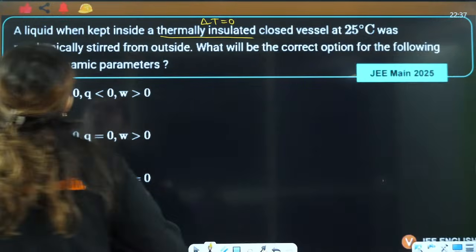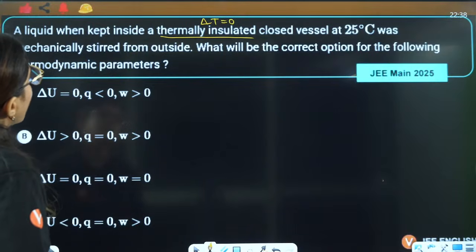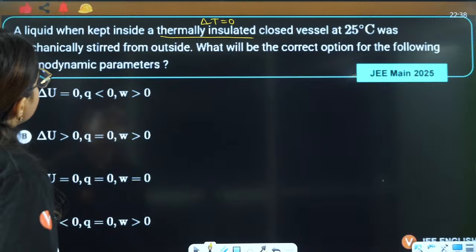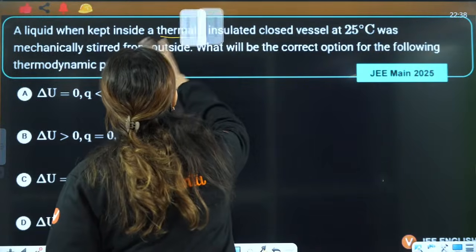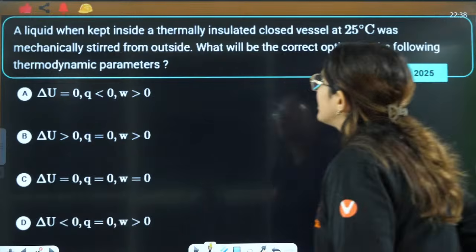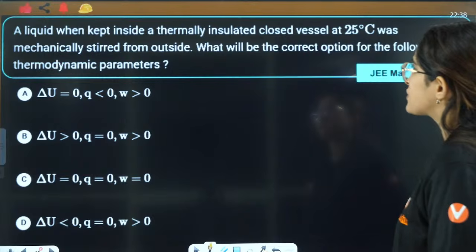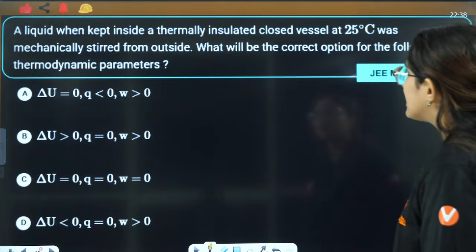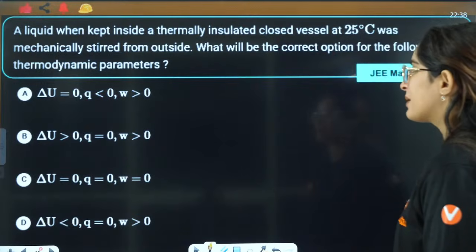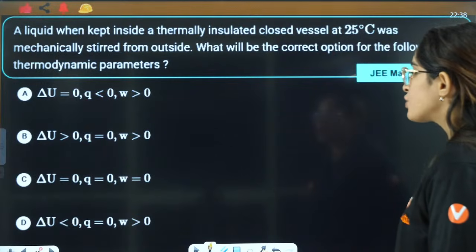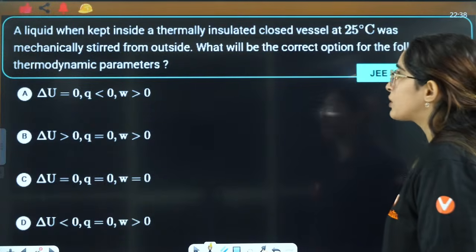Wait a minute. A liquid kept inside a thermally insulated closed vessel. Okay, what will be the correct option for the thermodynamic parameters? So the first thing is that definitely it is thermally insulated.